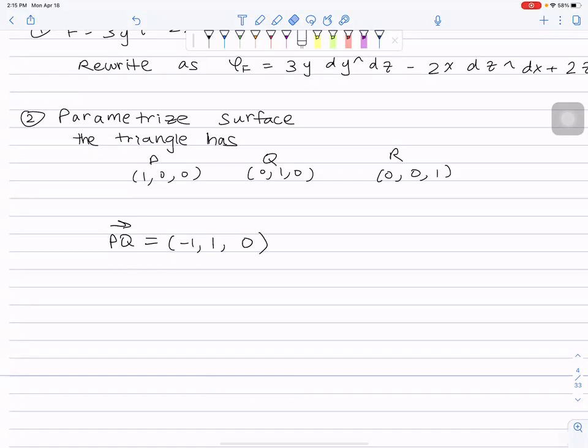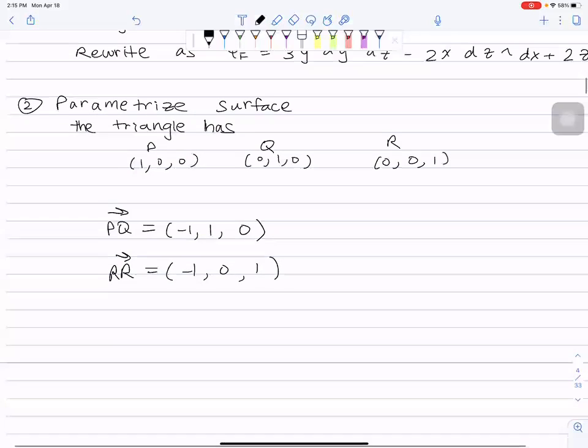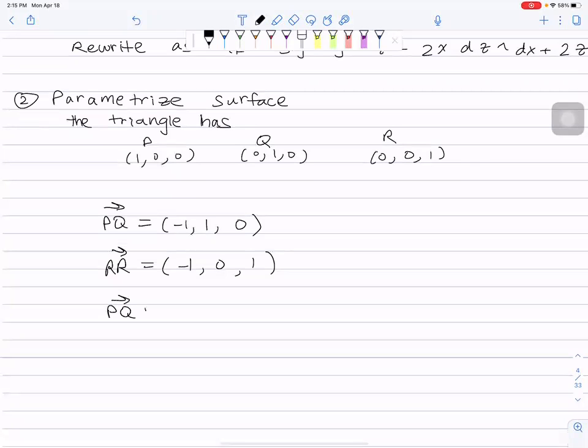And also PR, which gives me negative 1, 0, 1. If I take the cross product of these 2 vectors, that would give me my normal vector going outwards, some n.